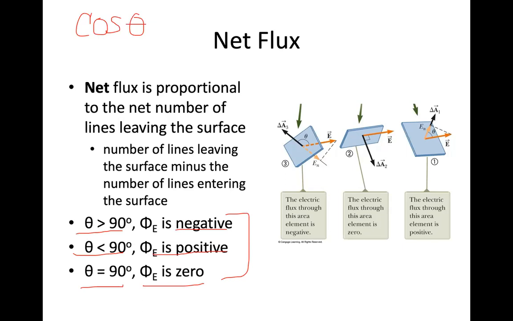Zero, right here, zero. This electric field line is neither going from the inside of the surface to the outside of the surface, right? The inside was over here. Inside the blimp was over here. And outside the blimp was over here.